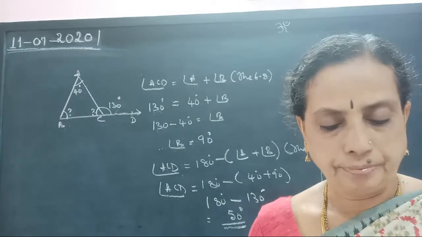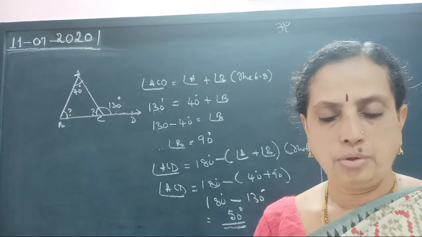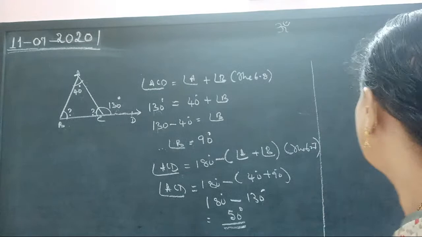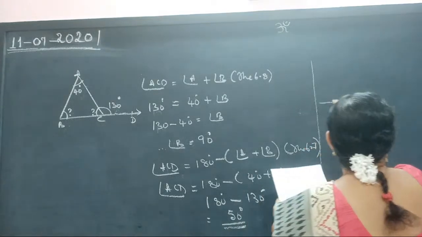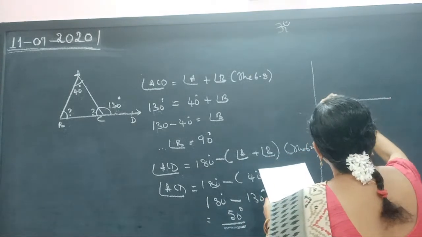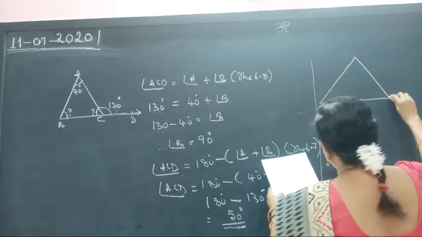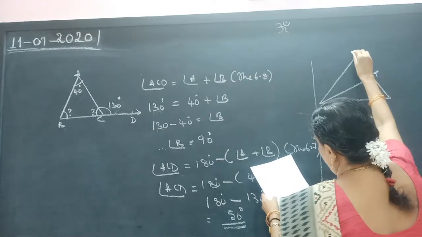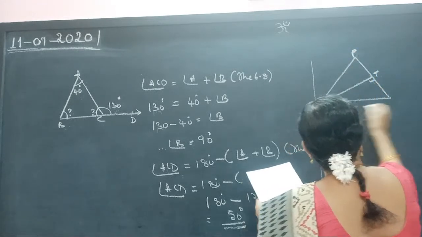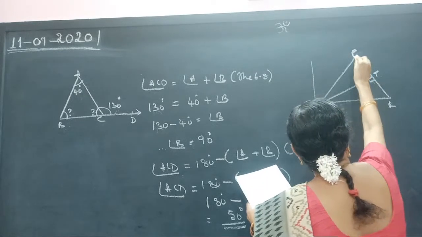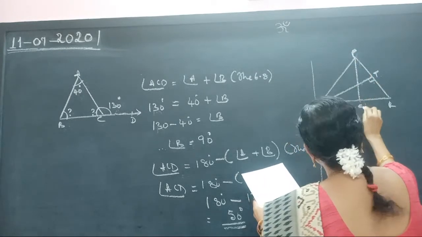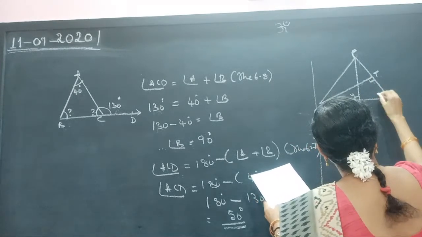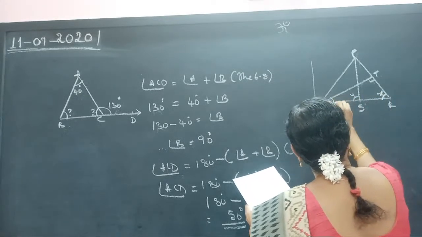Next question. In the figure, two angles are given. Find the values of x and y. Try to get the figure neatly using scale and pencil. Get the triangle and it is perpendicular. Name it as P, Q, R, and this is S, Y, and here it is X. This is 40 degree.